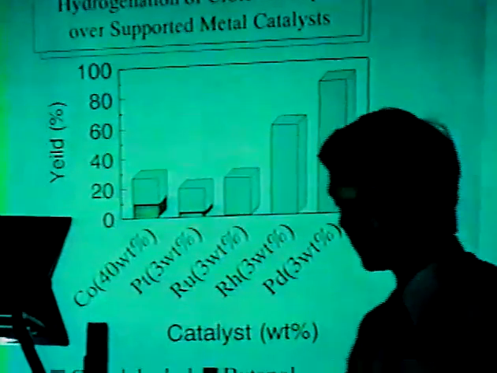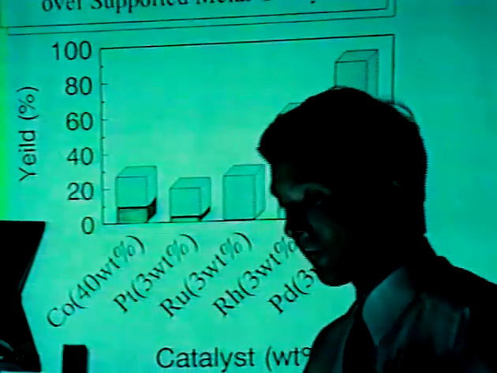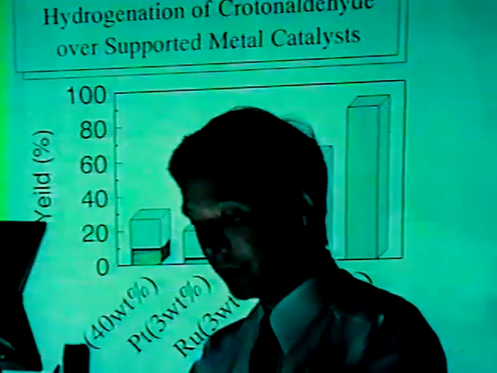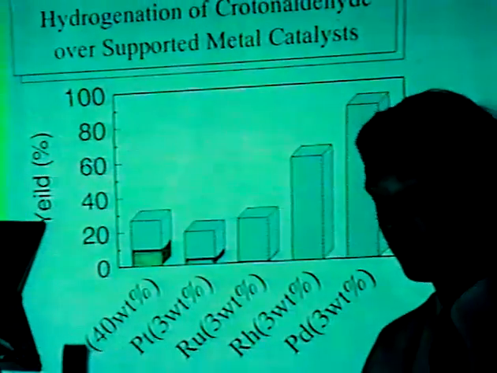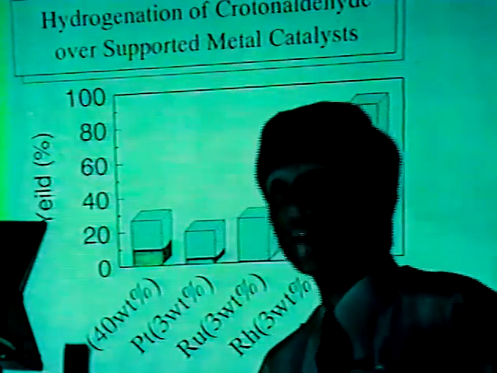A similar result was obtained also over nickel catalyst. In contrast to these highly active catalysts, the catalysts with moderate activity, cobalt and platinum, produced a small amount of crotyl alcohol. In order to improve the selectivity of this cobalt catalyst, we tried to prepare bimetallic catalyst.